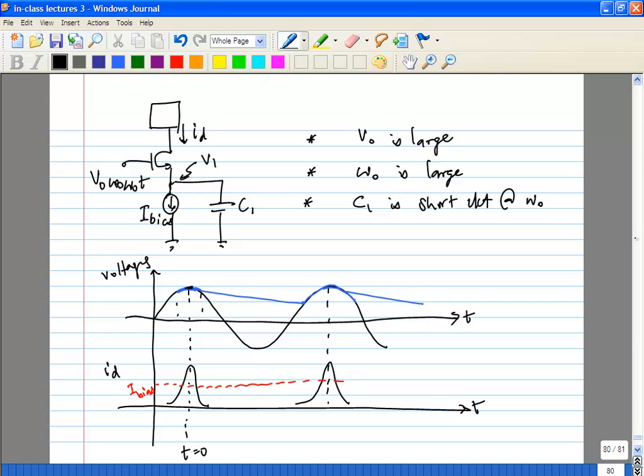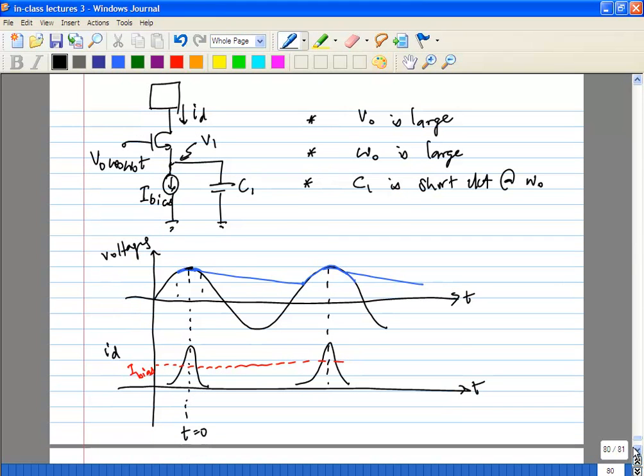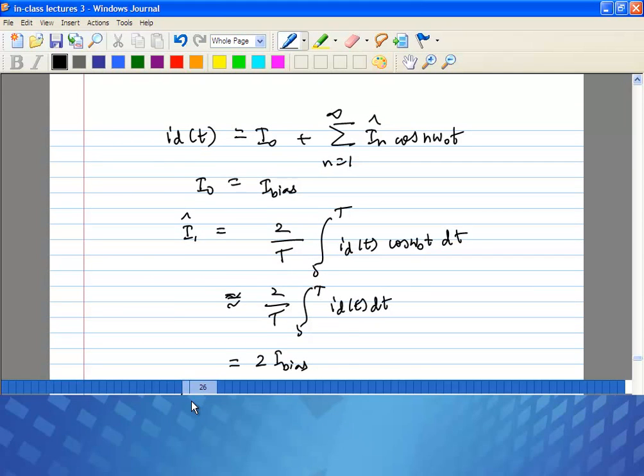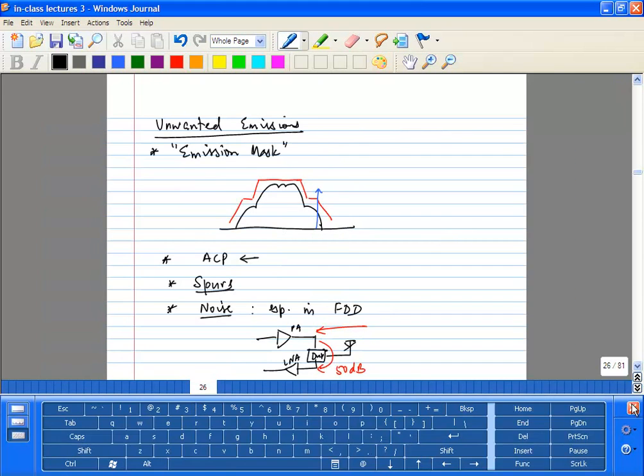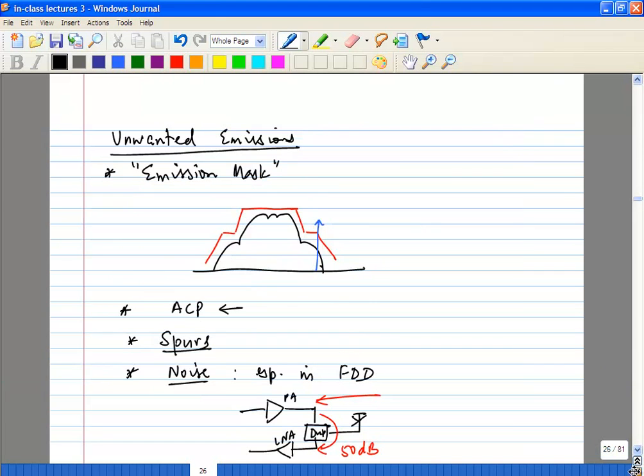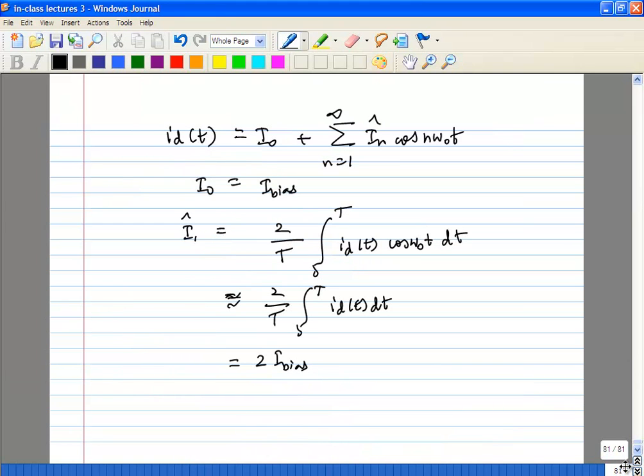All the rest of the current, the rest of the harmonics, gets filtered out. So what is the large signal transconductance of the first harmonic?